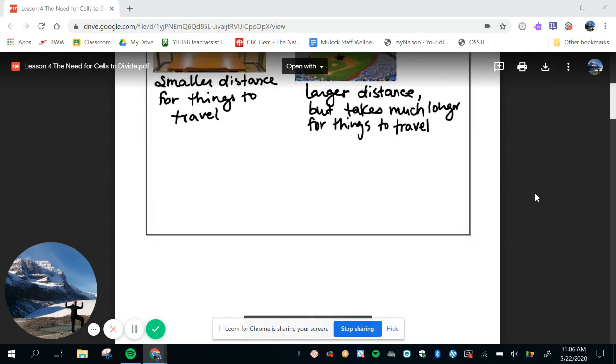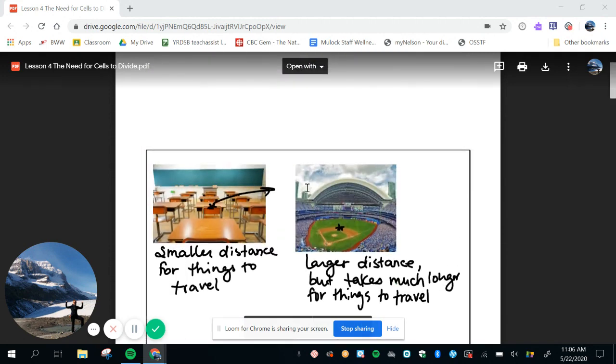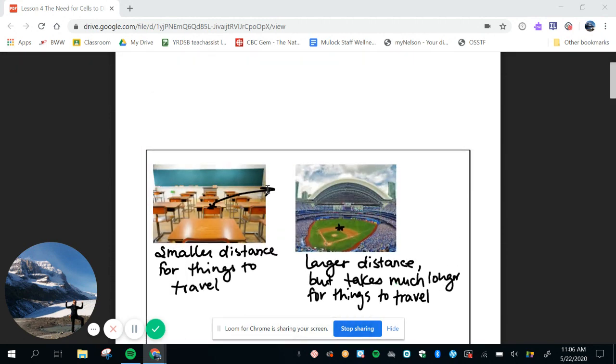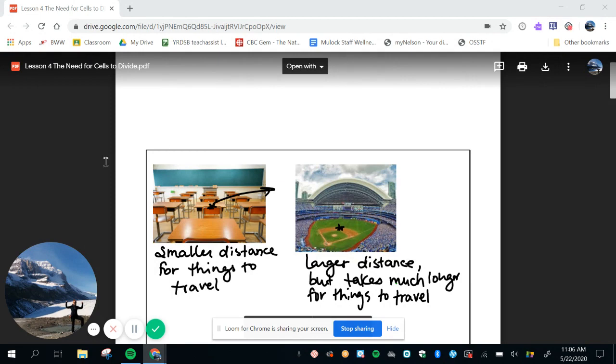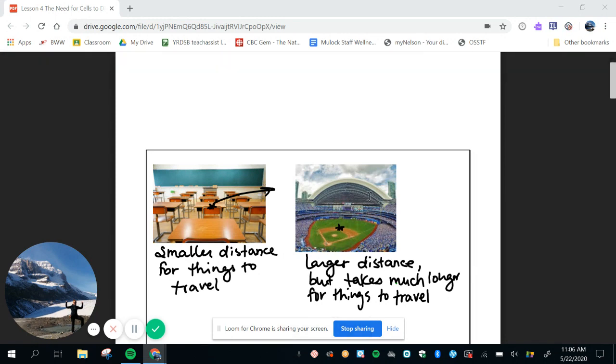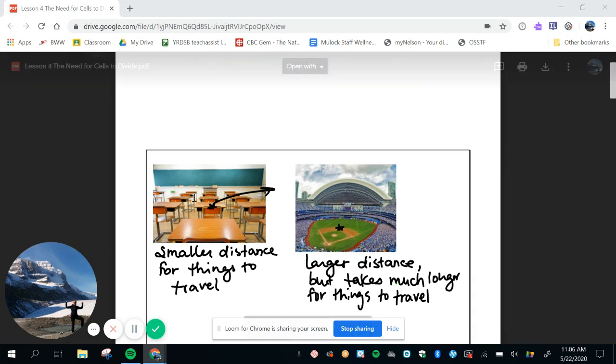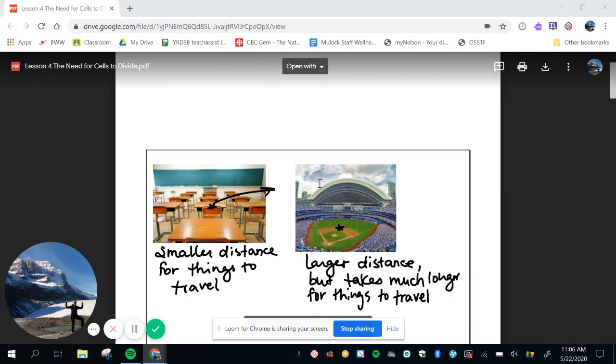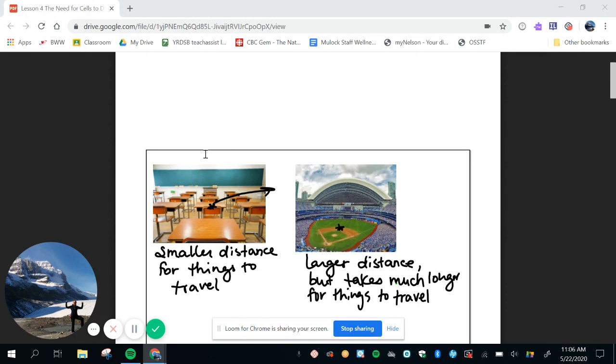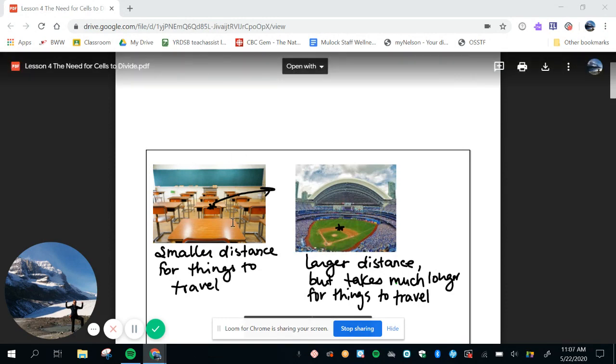So I want to start by explaining why I've put this diagram here. Think about a classroom when we're in our normal place, and then think of a really big stadium like the Rogers Centre. If we were right in the center of either of these spaces and had to get out to the outside of the building, it would be much easier to get out if we were in the classroom setting.